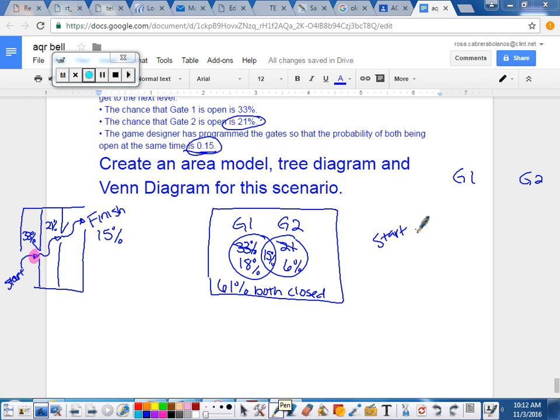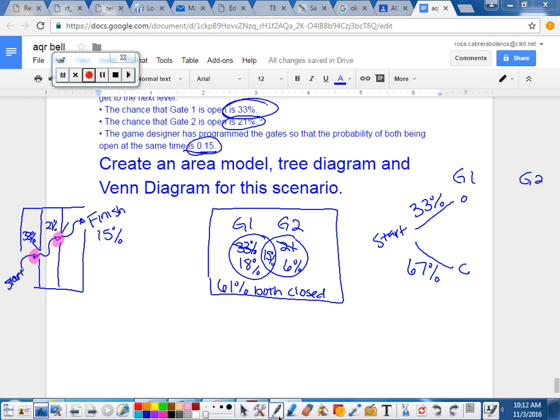And they're telling me that gate 1 is open 33% of the time, so 33 goes here. Now if they need to add to 100, what am I missing for the closed section? 100 minus 33? That's 67%.